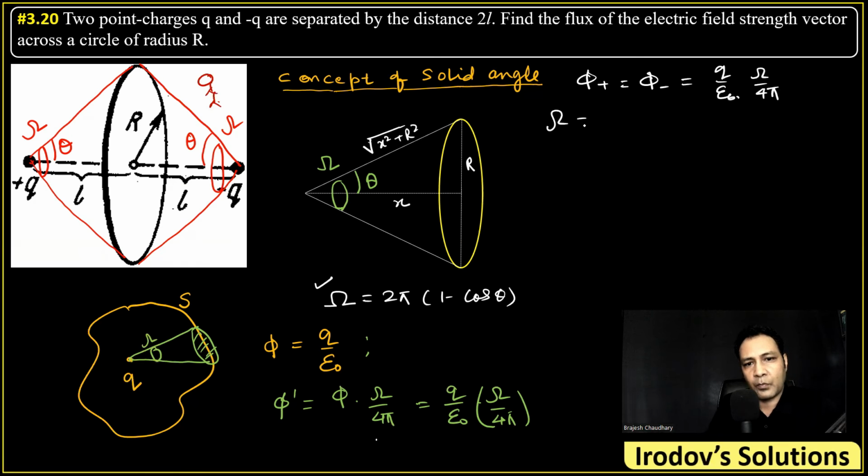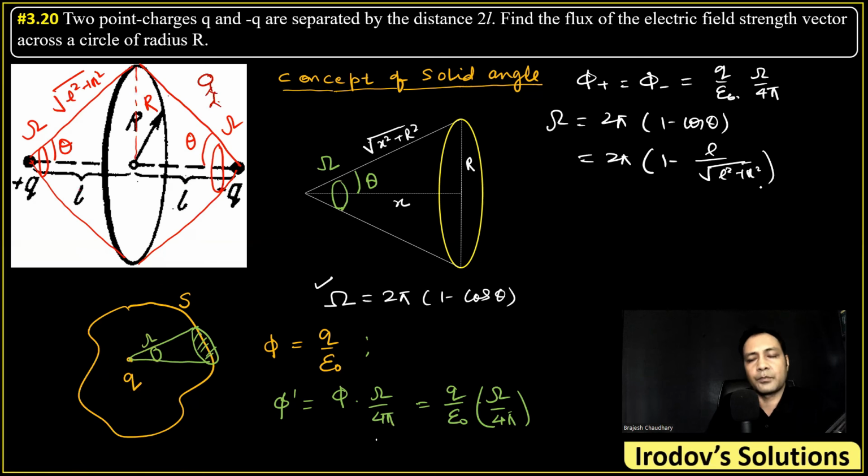Omega is 2 pi into 1 minus cos theta. And how much is cos theta? You can see from this diagram, this is a radius R, this is L, and this would be the square root of L square plus R square. So cos theta is L upon the square root of L square plus R square.